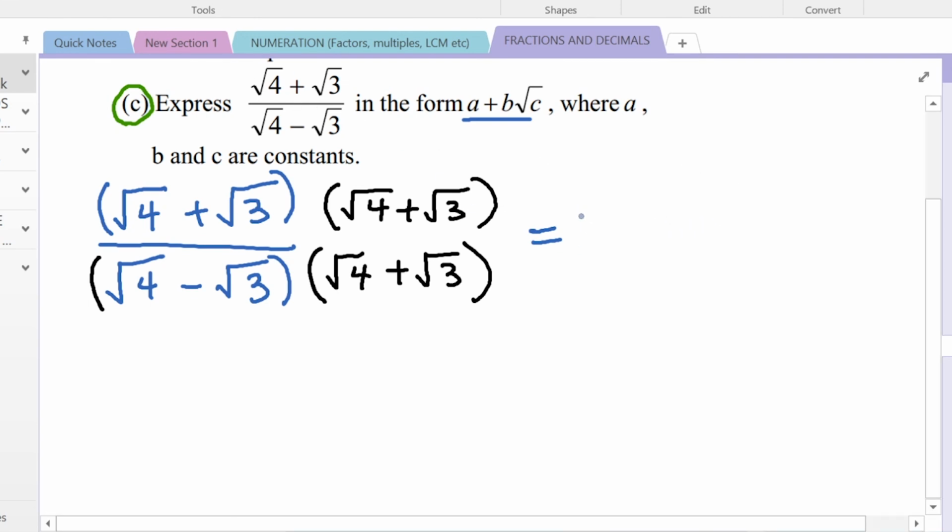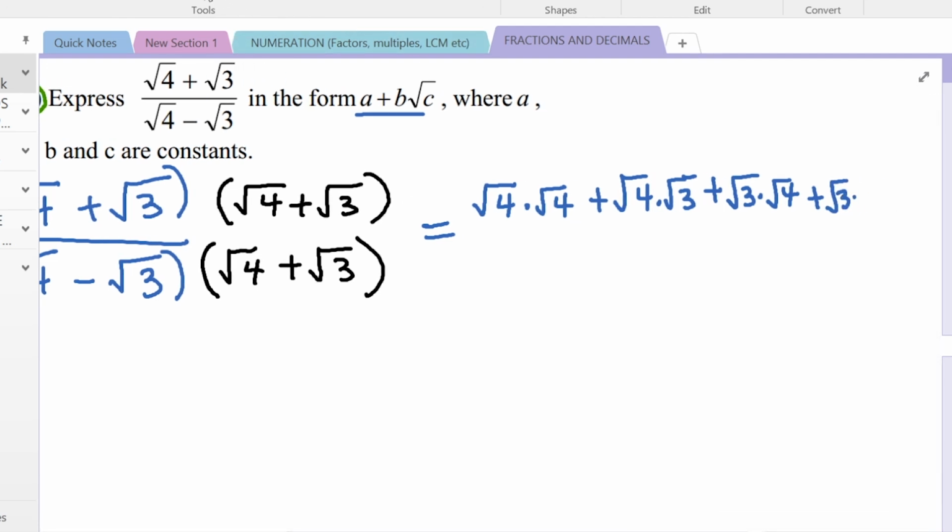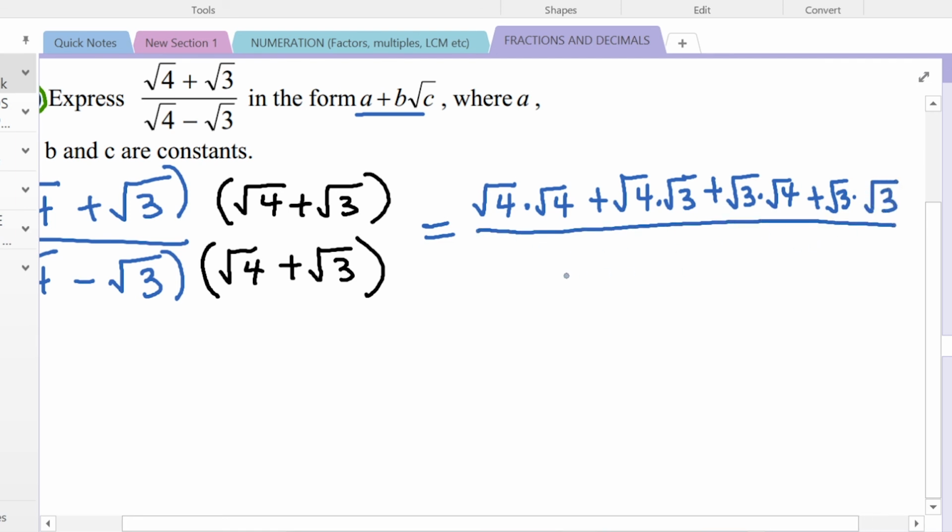So this is opening bracket, it's going to be root of 4 times root of 4 plus root of 4 times root of 3 plus root of 3 times root of 4 plus root of 3 times root of 3. All this, divide that by what is below.